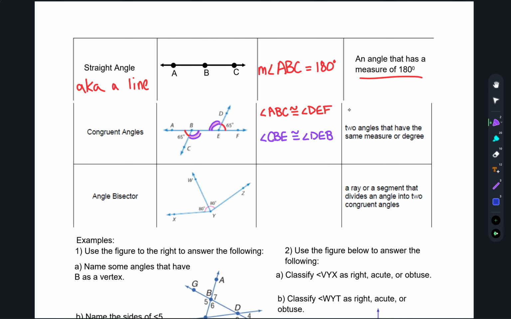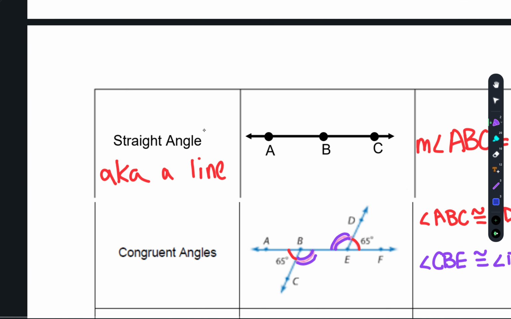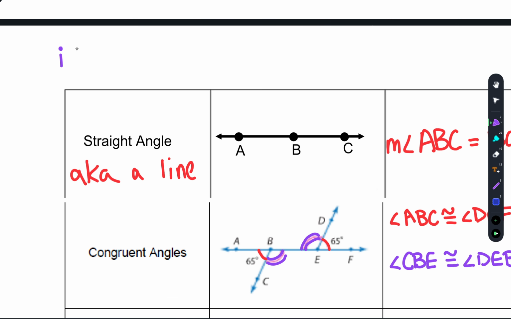Okay, for this last part, I'm going to introduce you to a little bit of proofy language that we're going to get into more in the next unit, but I'm going to introduce it right now. I'm going to use this abbreviation in a second. IFF. It stands for if and only if.